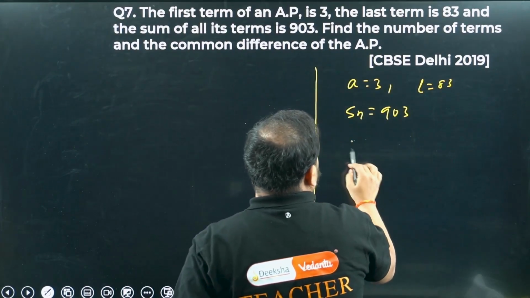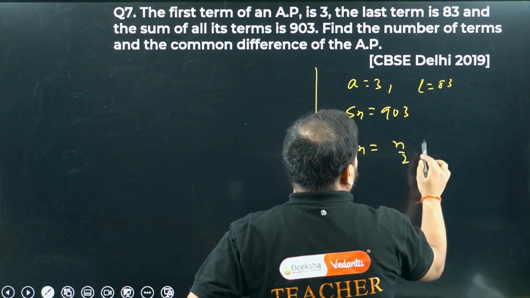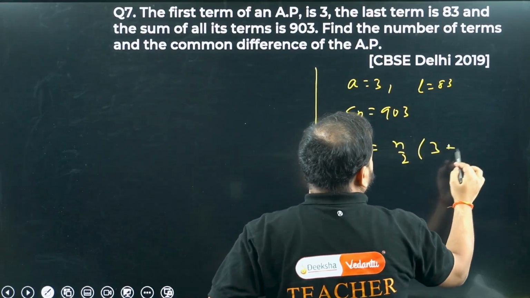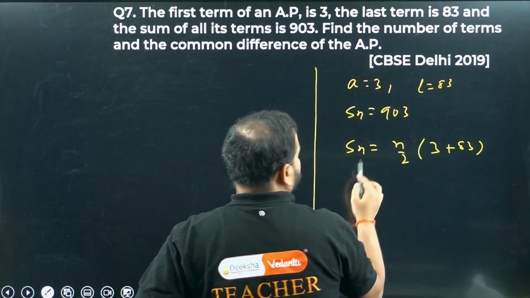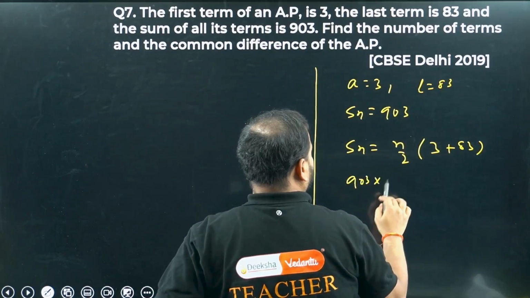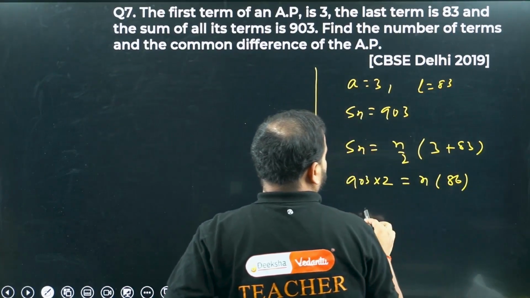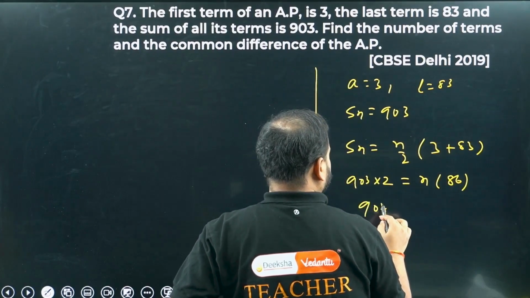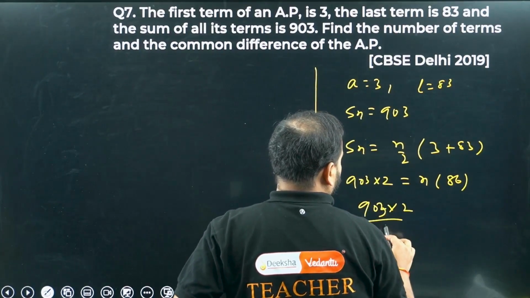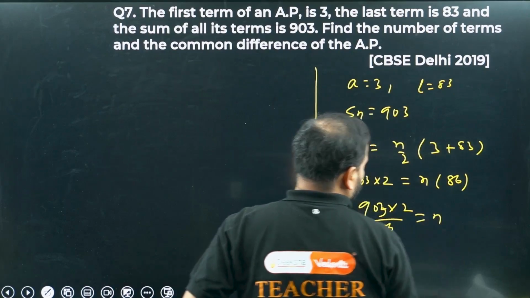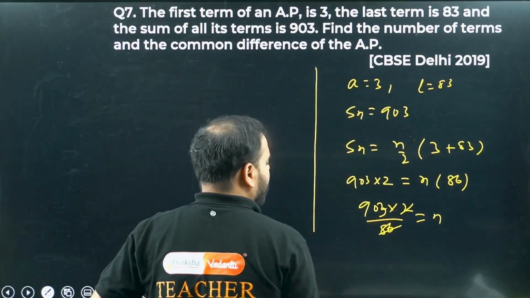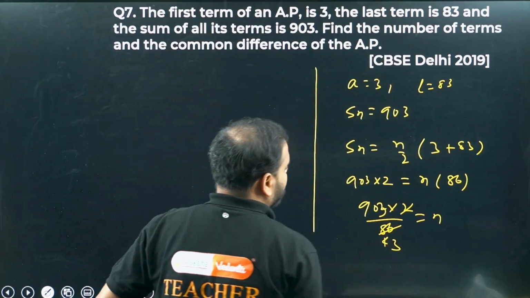Let's find it. So Sn equals n by 2 times (3 plus 83). What is Sn going to be? 903 times 2 equals n times 86. Bring it over here: 903 times 2 upon 86 equals n. Cancel this with 2, what am I going to get? 43.